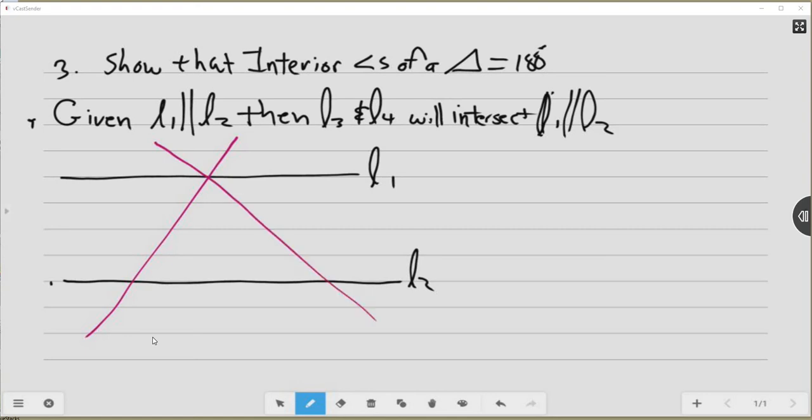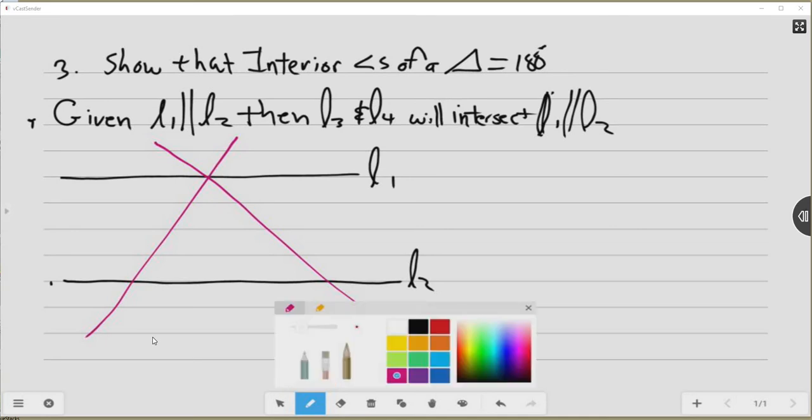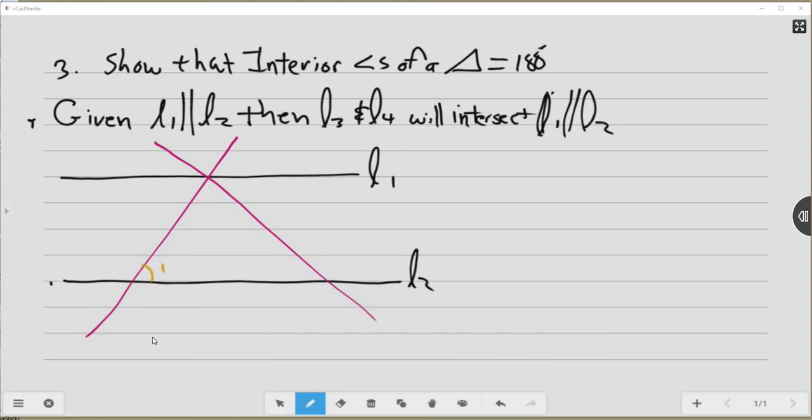And I'm just going to ask you to show that angle 1 plus angle 2 plus angle 3. That's all I need to show because that's the interior of any triangle. How do I know any triangle? Because I can adjust this angle to any kind of triangle I want.